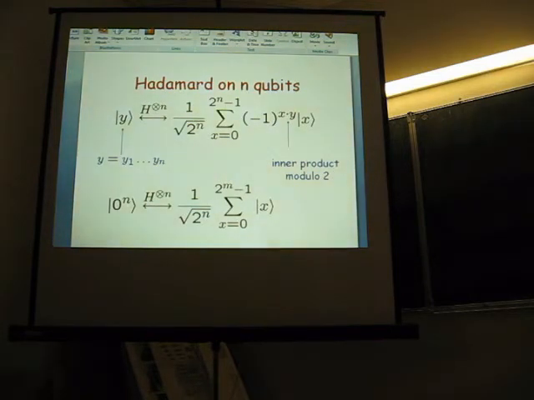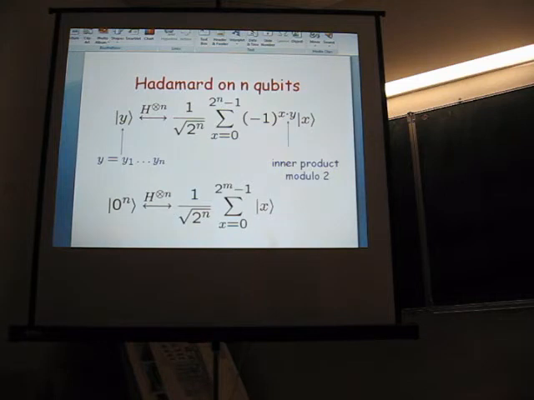To conclude, if we have all zeros in our n registers and we apply a Hadamard, we get an equal superposition of 1 over square root of 2 to the n, and then each of the 2 to the n bit strings. This m should be an n, excuse me.